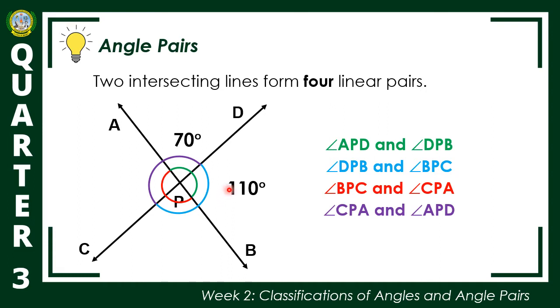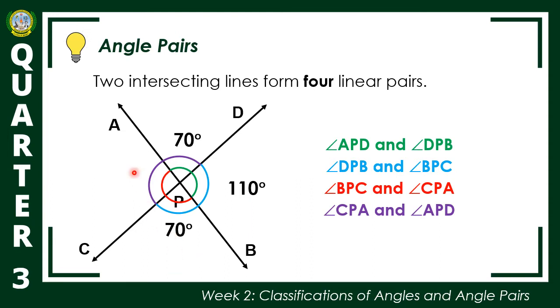So, the same concept po will be applied to the remaining two angles. Since angle BPC forms a linear pair with angle BPD or DPB, so sila din ay linear pair, di ba? That means for us to get the measure of BPC, isa-subtract natin yung 110 from 180 degrees and we will get 70 degrees.